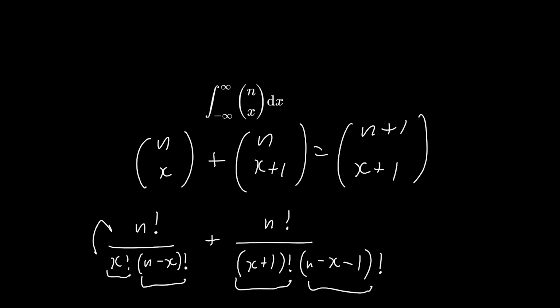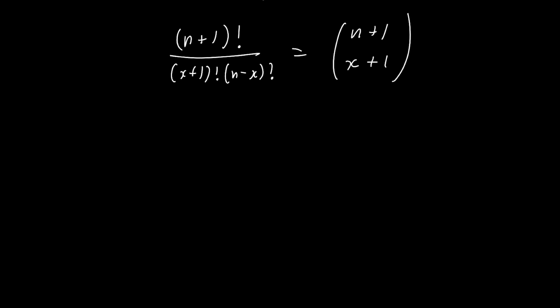Okay, now that we've got that, let's actually do the integral. So we're going to say I of n equals the integral between negative infinity and infinity of n choose x. So this is what we are looking for, right?